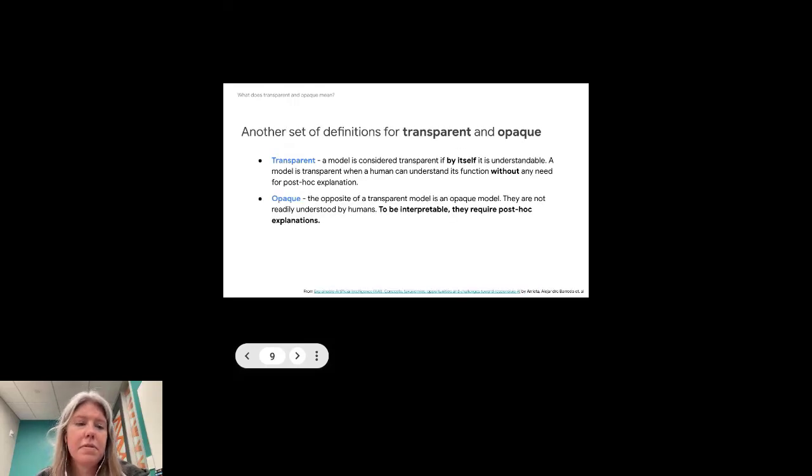This is a different set of definitions: one way to think of a transparent machine learning model is that it can be understood by a human in and of itself, without anything extra. Whereas if it's a black box or opaque model, you would need extra services or post hoc techniques to dive into how that model is behaving.